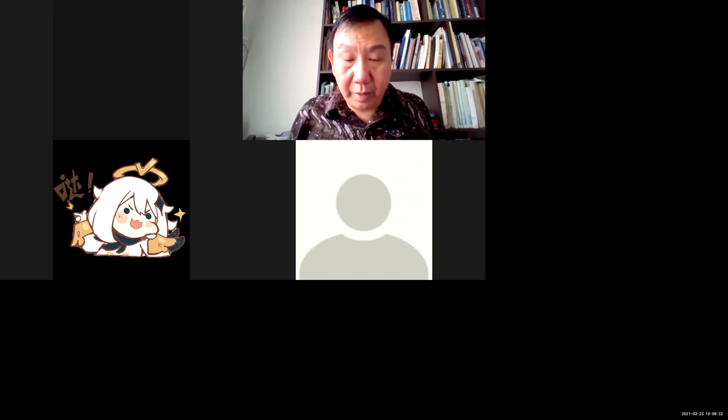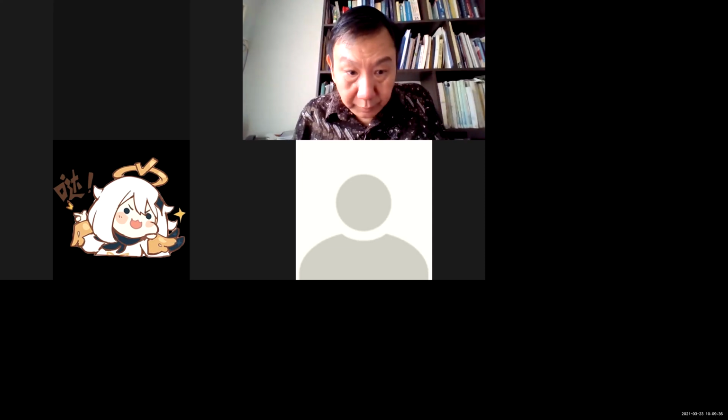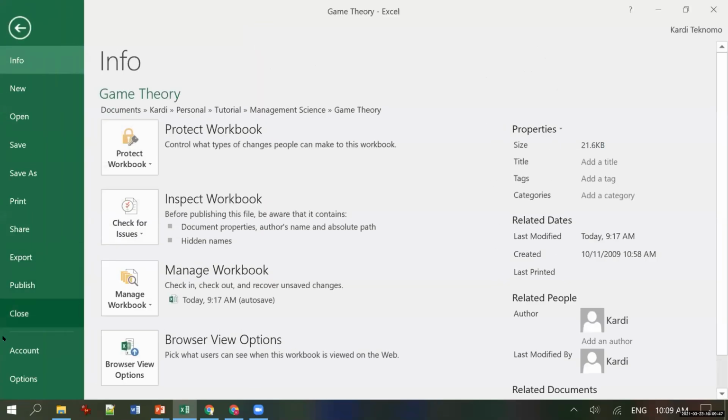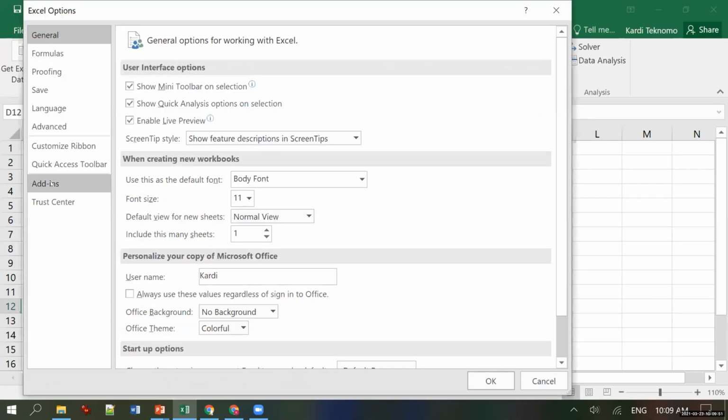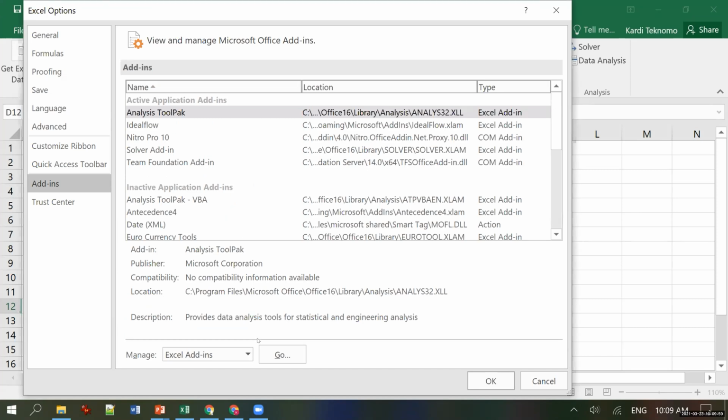Oh, yes. If you don't have solver, okay, I will share my screen. If you don't have solver, you go to File, Options, Add-ins. Can you see that?